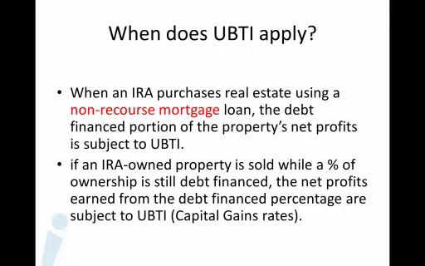I only have $25,000 in my IRA right now that I'm going to self-direct, and I want to buy a $100,000 house. So what am I going to do? If I close on the house, I put $25,000 down, and I've got to leverage $75,000. Now the big point here in the red on this slide, the non-recourse mortgage, is real big.